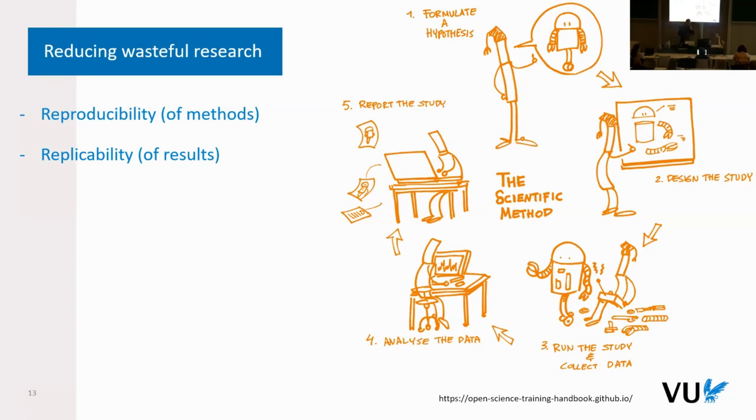One is that it should reduce a lack of reproducibility, which is mainly about the methods: people should be able to reproduce your findings if they followed the same steps and used the same data and the same code. And replicability: if other people get the same answer that you got in answering a research question.